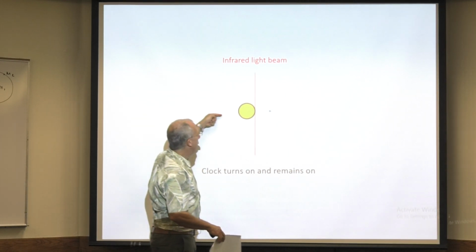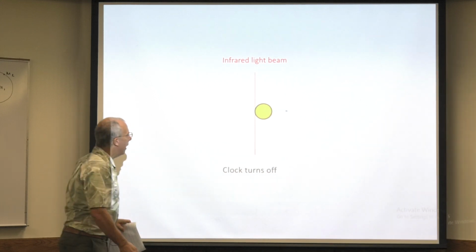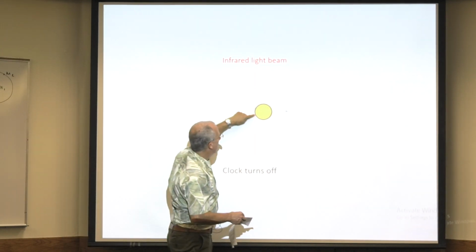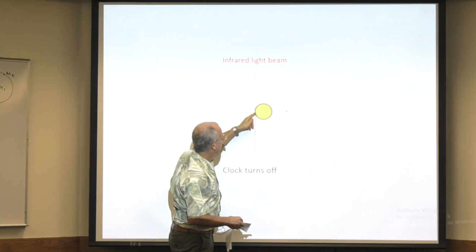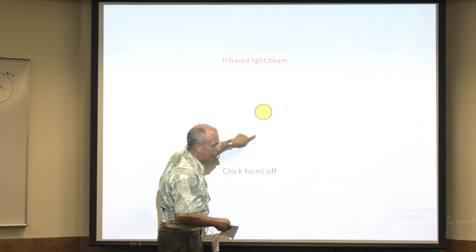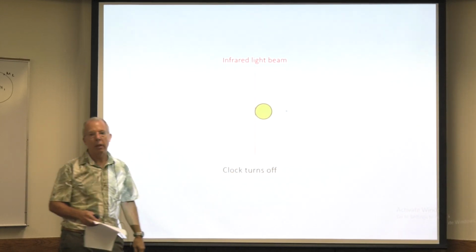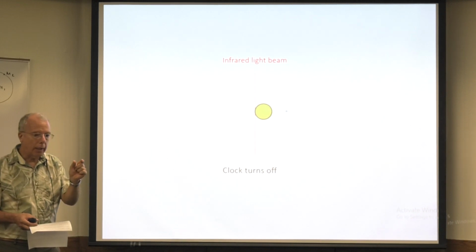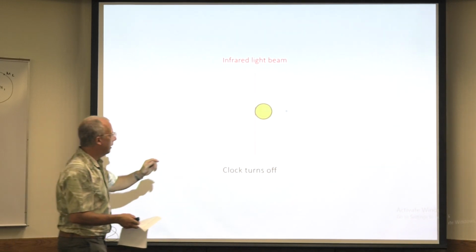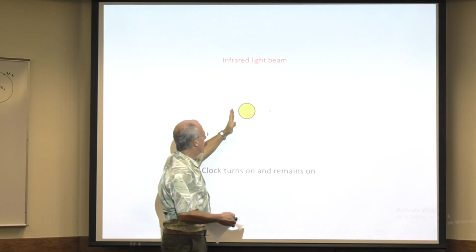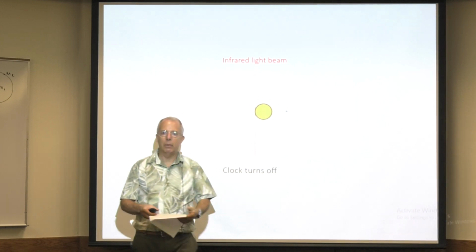The ball keeps moving, and as soon as this part leaves the light beam, it's going to turn off. In other words, we're measuring how much time it takes for the ball to cross the light beam.